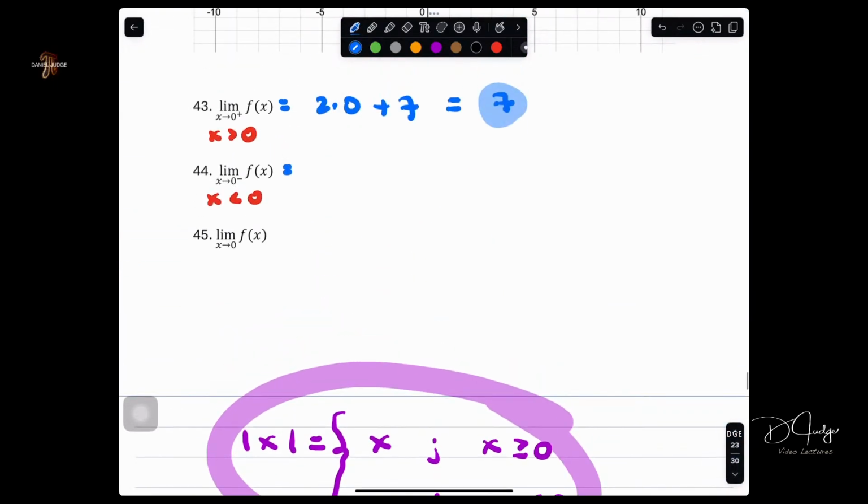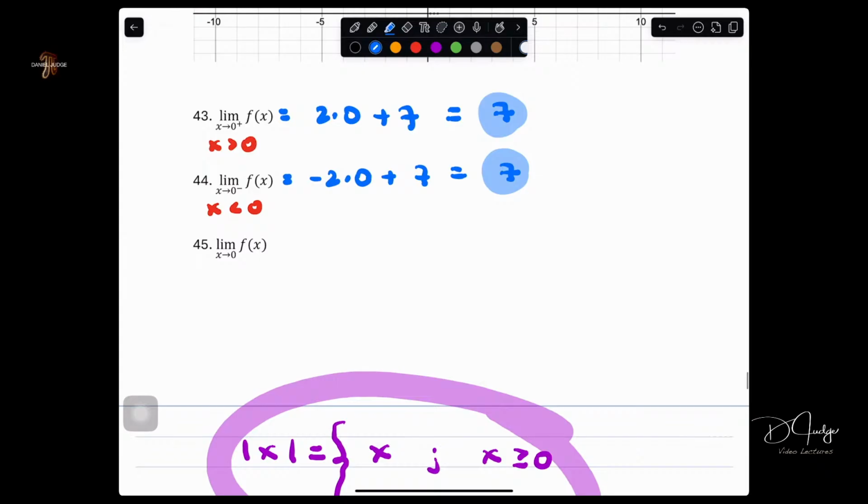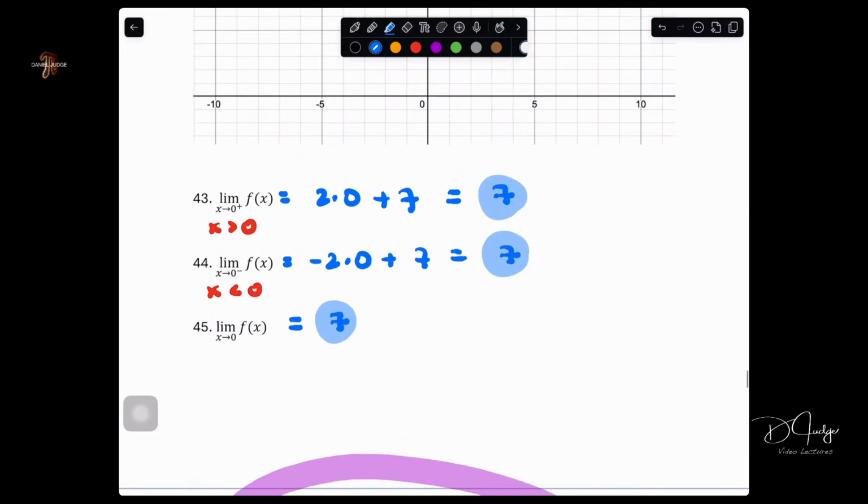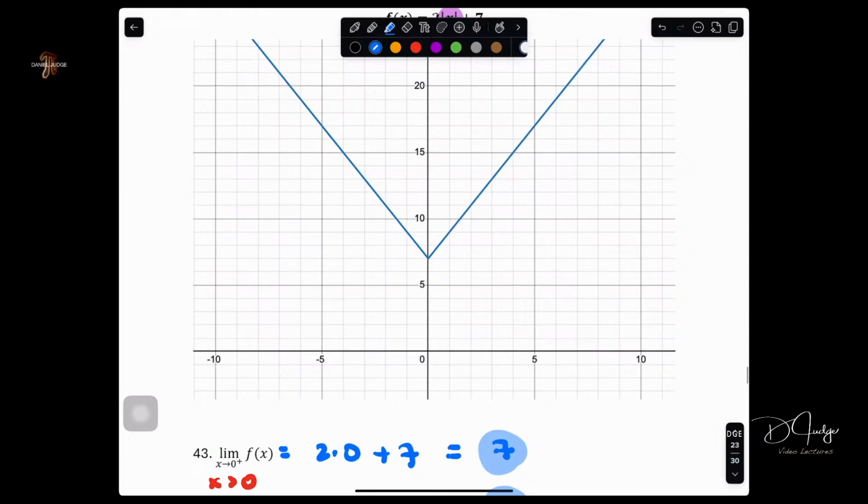Does it change anything? Well, not when you multiply it to 0. So this answer is also 7. So ladies and gentlemen, the left-handed limit is the right-handed limit, and it's 7. Okay, so the limit around 0 is the same thing.